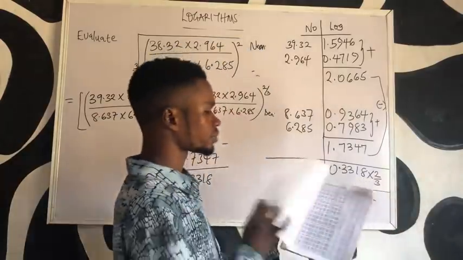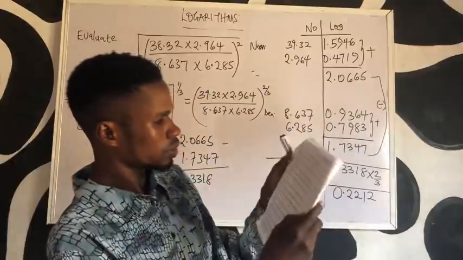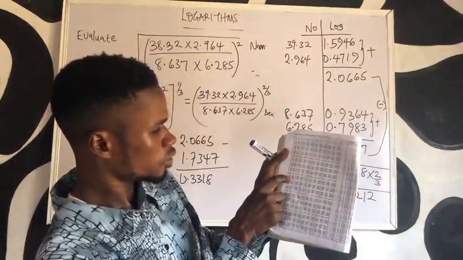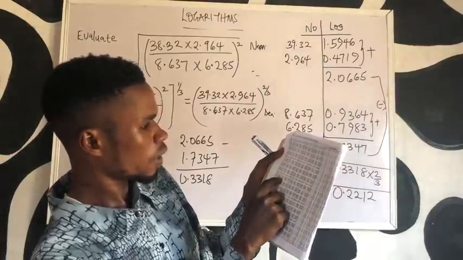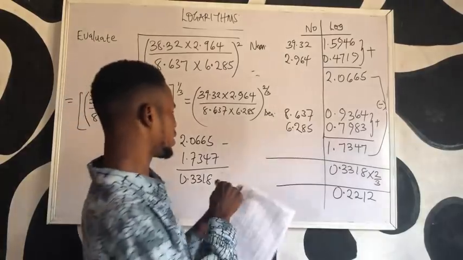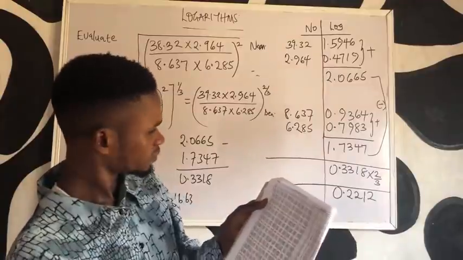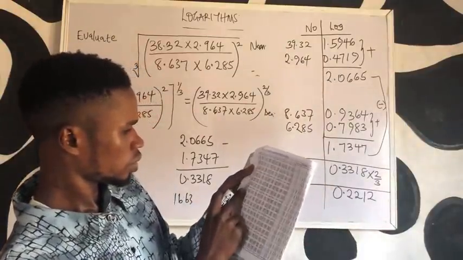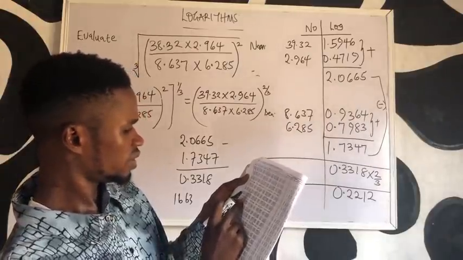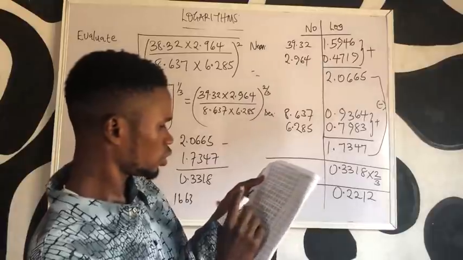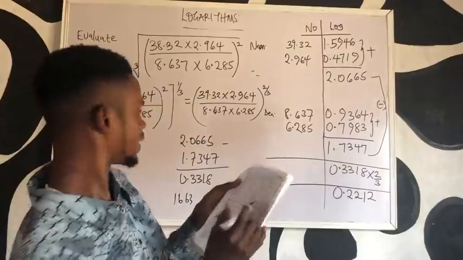The antilog of 0.22 under 1 difference 2 is this. 0.22 under 1 is 1663, and the difference 2 is 1.